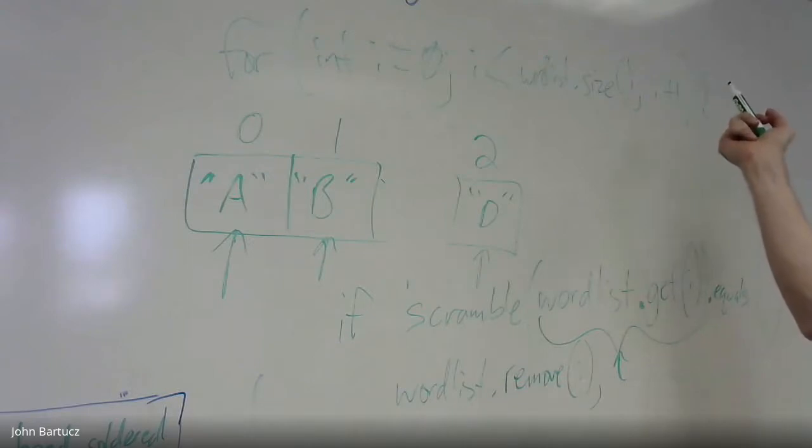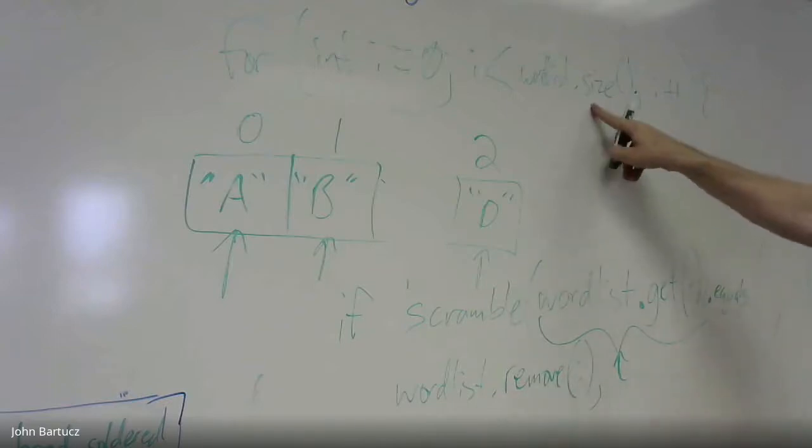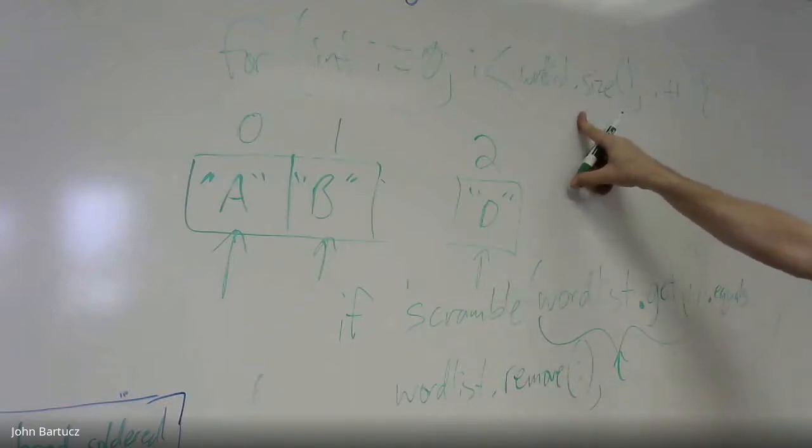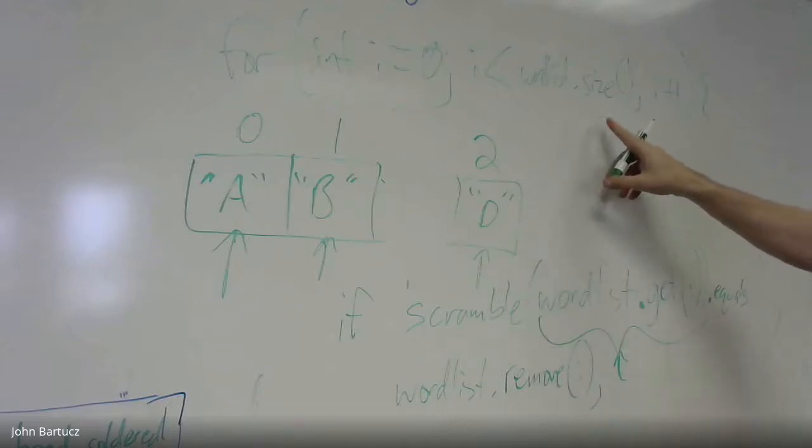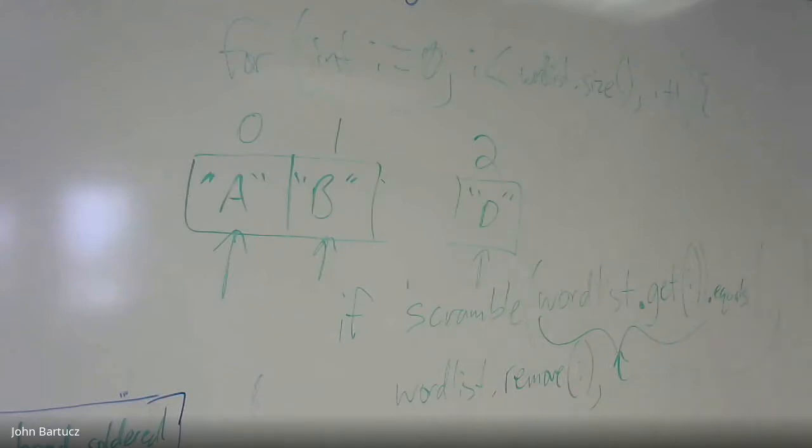If the loop goes through, minus i by 1, so it's back to 2. But it's still going to go to the original word list size, I think. I don't remember if it runs this every time. It does? Thanks. Okay.